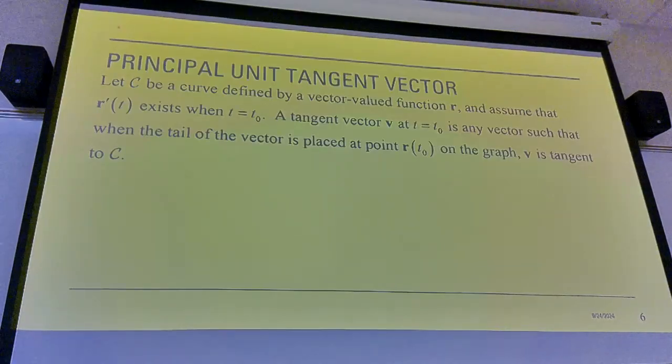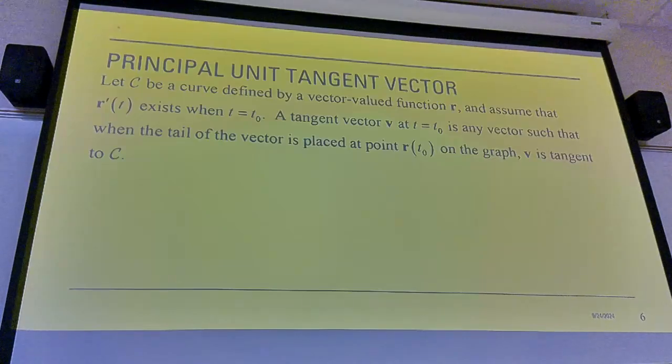And how do you think we find it? I'm guessing the same way we always find the unit vector, which is to divide, in this case, the derivative by the magnitude.